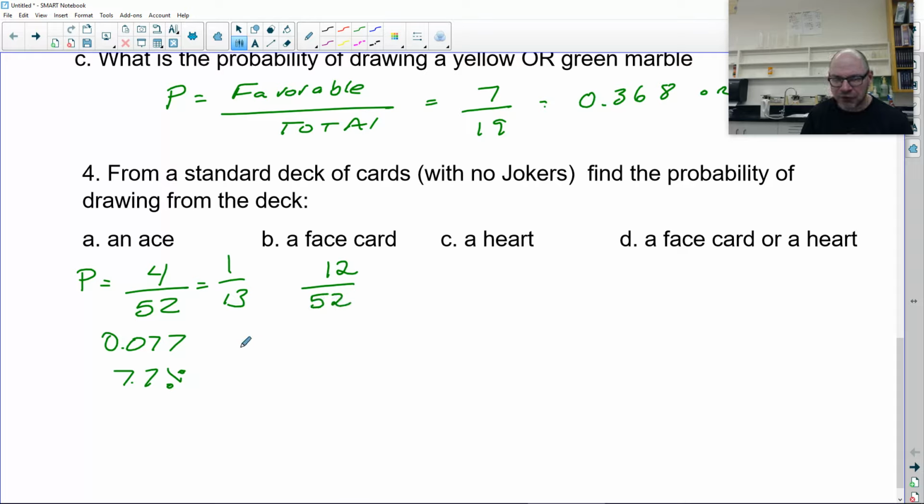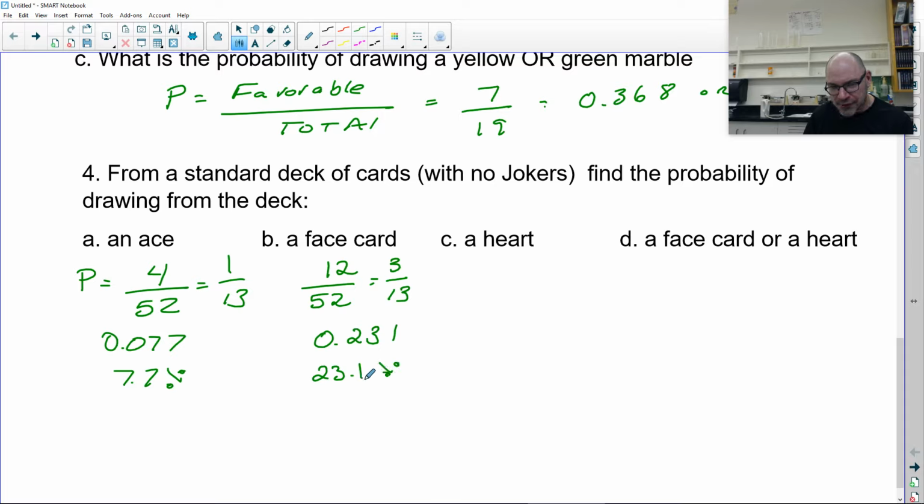Okay, now if we reduce that, we can take out a 4 from each. This will be 3 out of 13, which if you want to do that in decimal form, you could just take your 12 divided by 52 and get 0.231. And that as a percentage would be 23.1%.